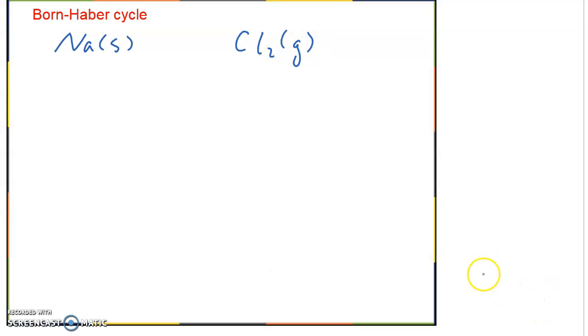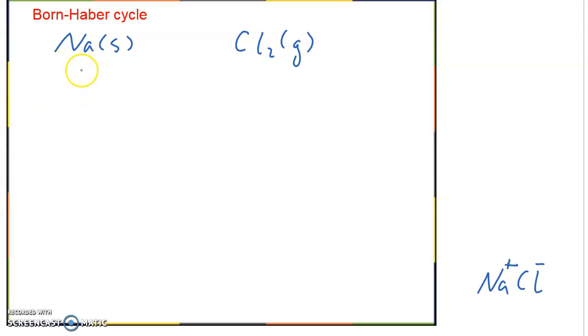This is my goal. This can be hypothetical because for each step, we can find the energy from the literature.